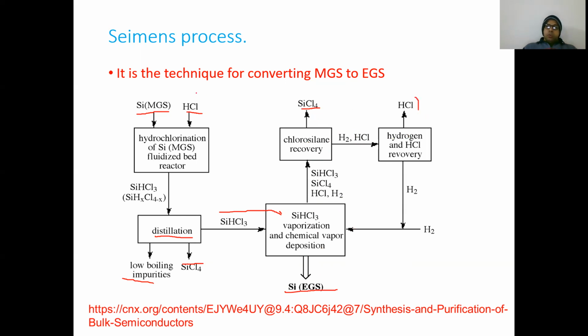This can be used once again in the process, and hydrogen is further added, and then you will get trichlorosilane. Trichlorosilane is involved in this through the recycling process. So this saves a lot of silicon from being wasted, and again it is utilized to get electronic grade silicon. So this is a chemical process.